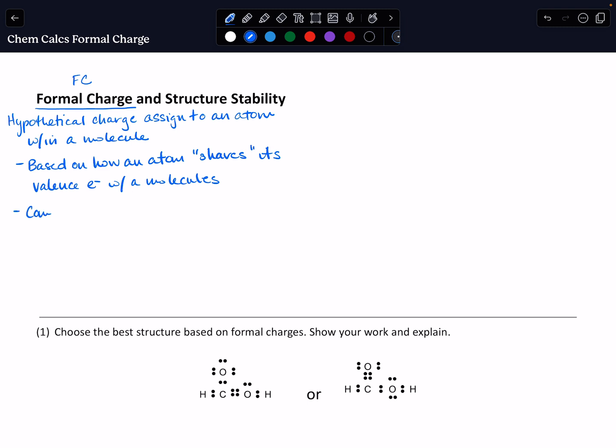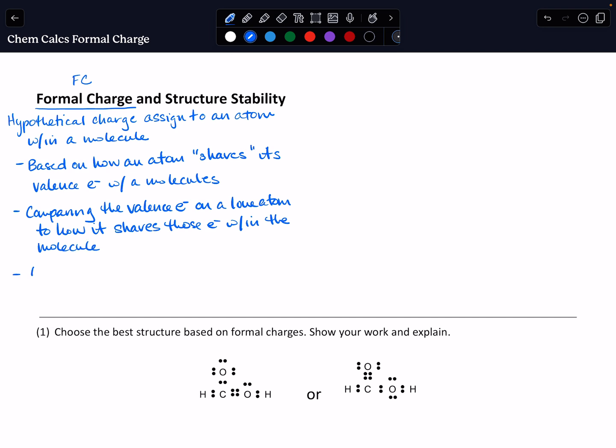So we're going to end up comparing the valence electrons on a lone atom to how it shares those electrons within the molecule.